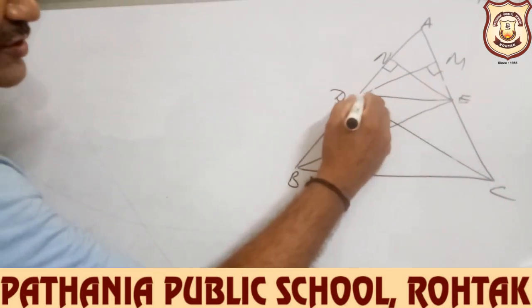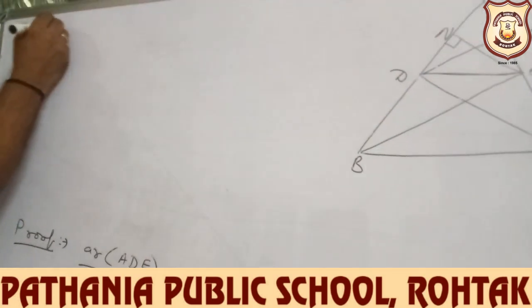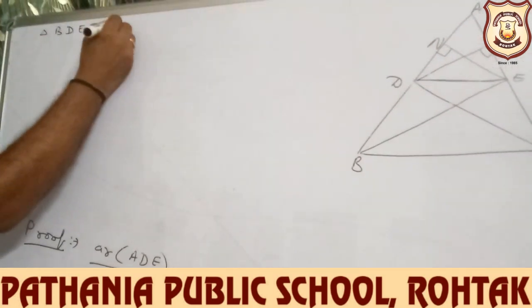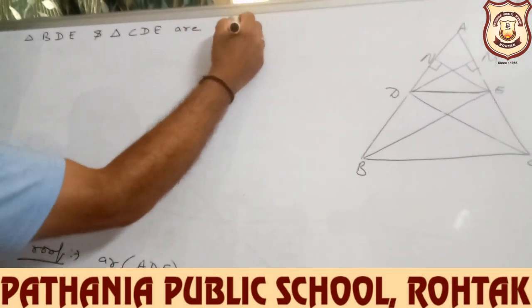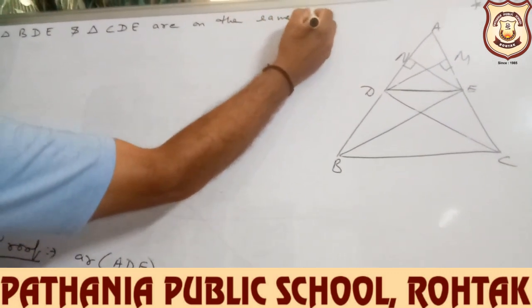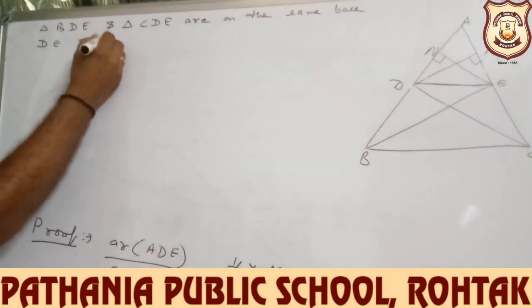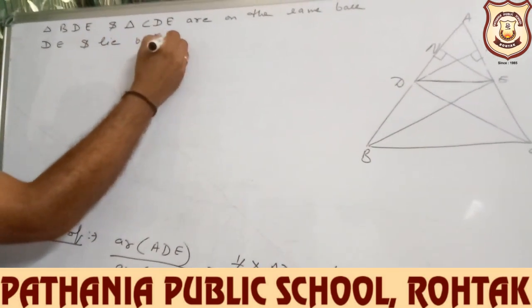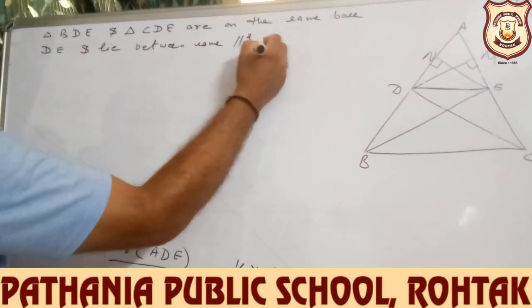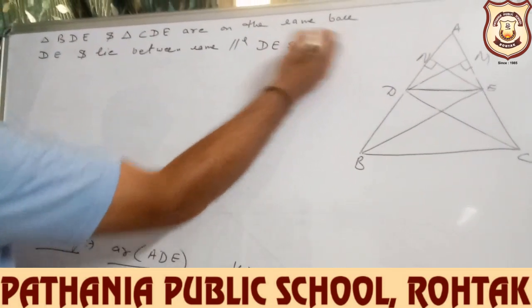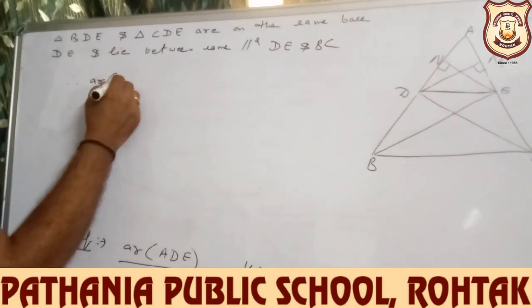But see students, triangle BDE and triangle CDE are on the same base DE and lie between the same parallels DE and BC.